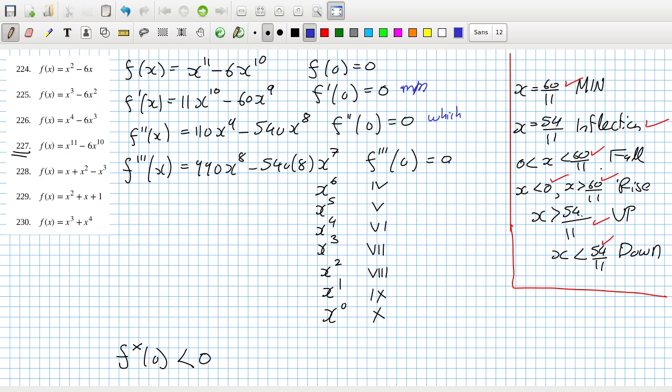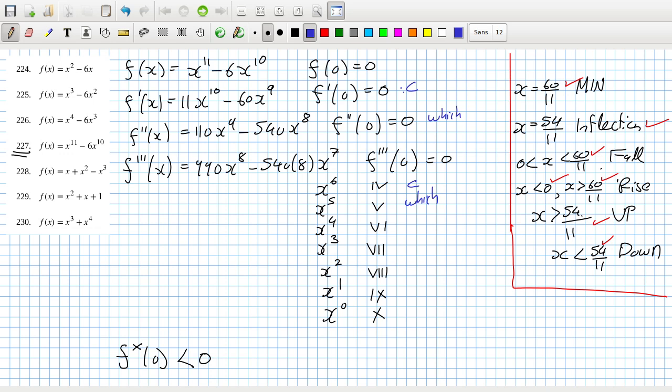But if this is also 0, you have to differentiate again. And what happens is the fourth derivative goes back to telling you where the min and max critical points are. I'll just write C for critical, be easier. So it's a 0 again, so it's a critical. Which type of critical is it?